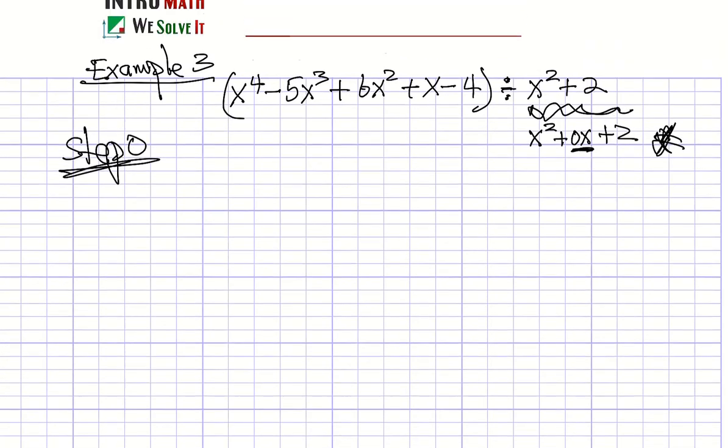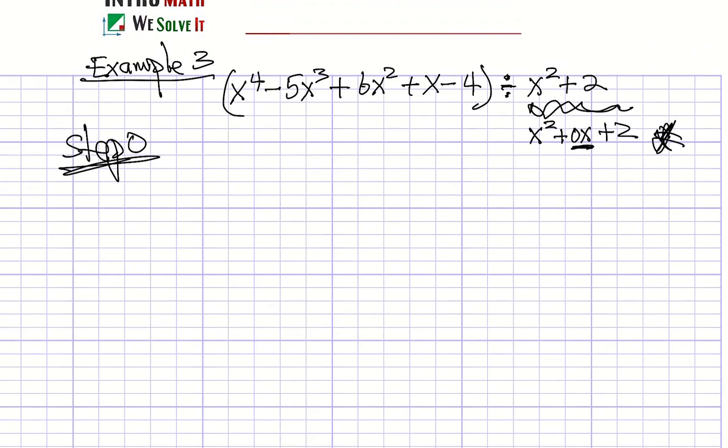To set it up, this is still step 0. You write x raised to the power 4 minus 5x raised to the power 3 plus 6x raised to the power 2 plus x minus 4. You do it like that, with the division symbol.